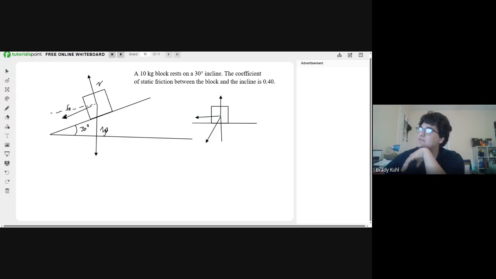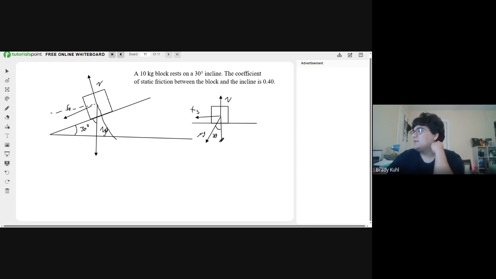Or it might be 60 degrees. That'll be 30 degrees because of geometry. And now you have mg right there, you have the N, and then the f of s, and the mass is 10 kilograms.